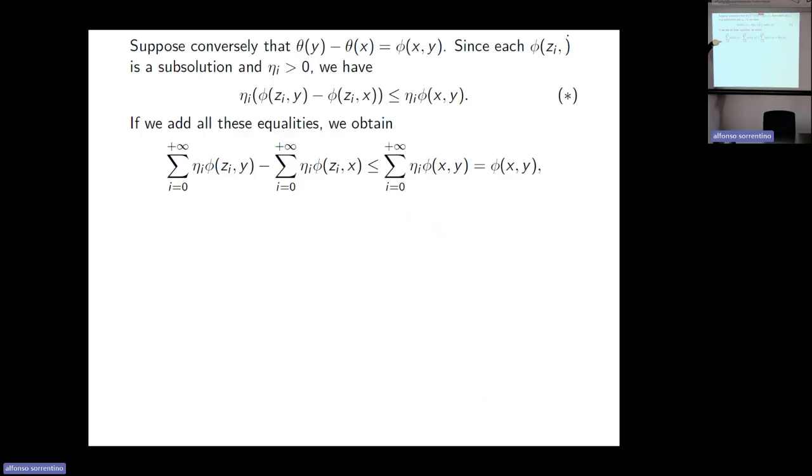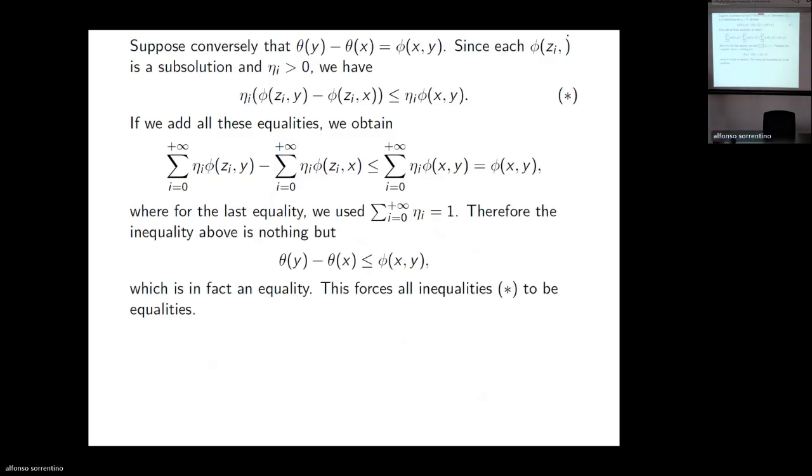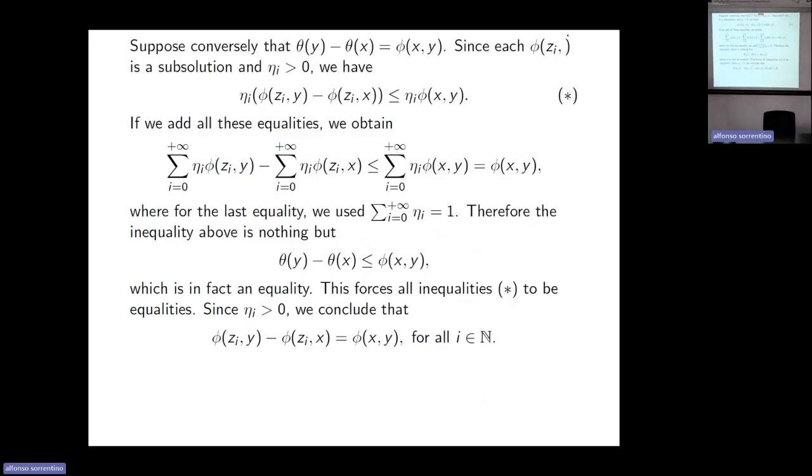Again, this implies equality in every one of the inequalities above, because eta_i is not 0. All the inequalities are equalities, and we conclude that phi of z_i y minus phi of z_i x is phi of xy.